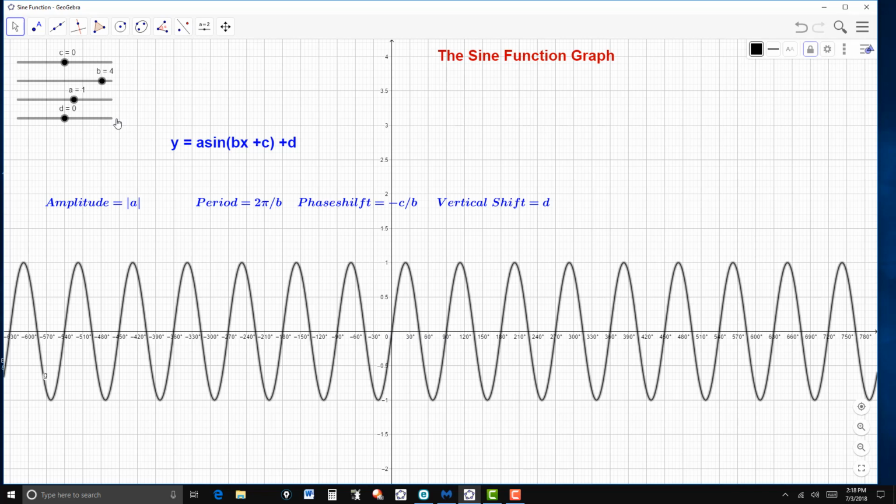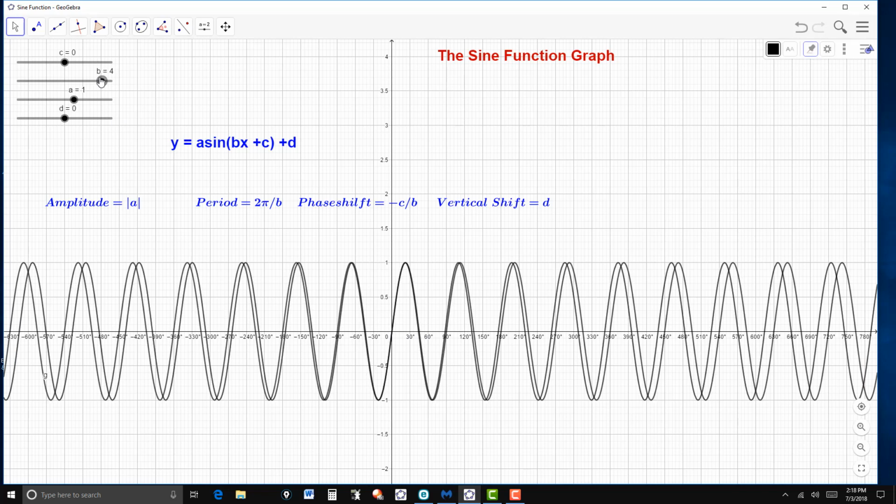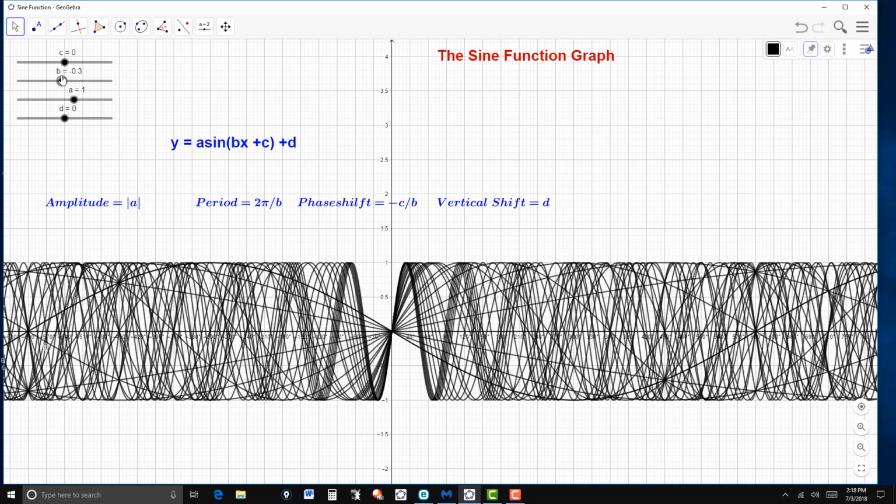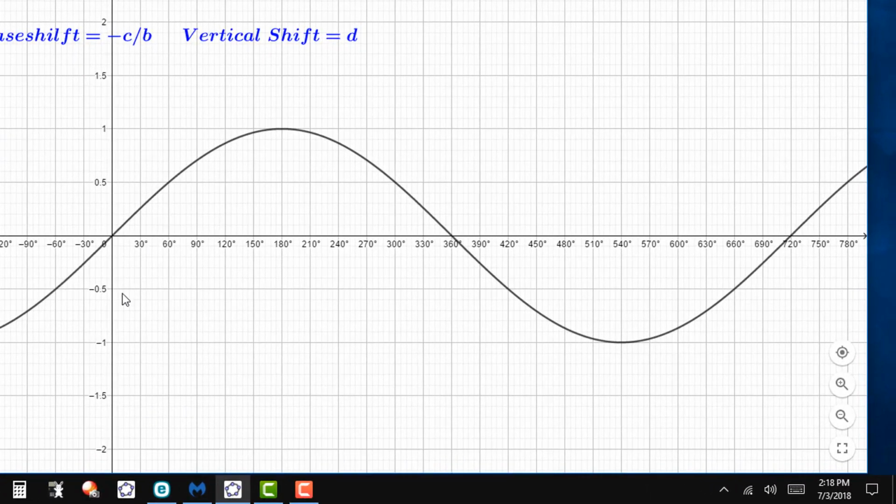Now notice if I go to, say, 0.5, the amplitude stayed the same, but the graph got wider. It starts at 0, and when I say starts at 0, we're talking about the main period. This just repeats every 360 or every 2 pi radians.